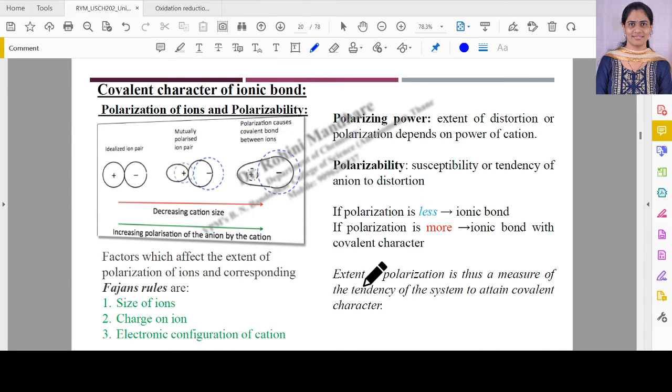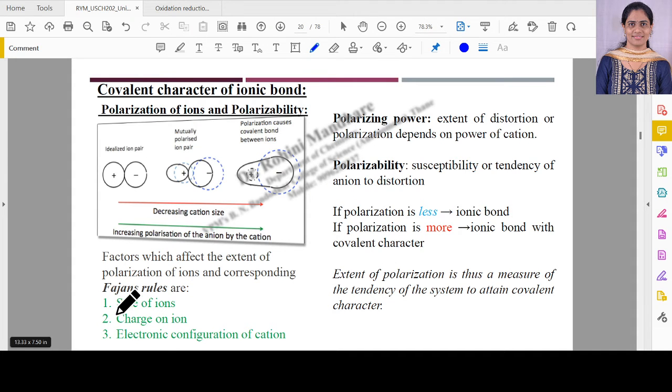The extent of polarization is a measure of the tendency of the system to attain covalent character. When any bond undergoes polarization, it is moving towards covalent character. And if you have dipoles, plus and minus poles, separate, that will be ionic character.